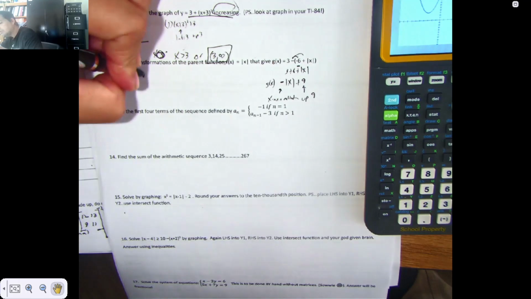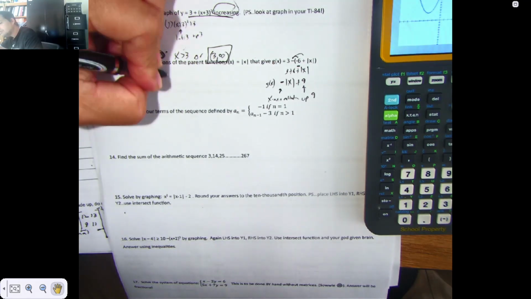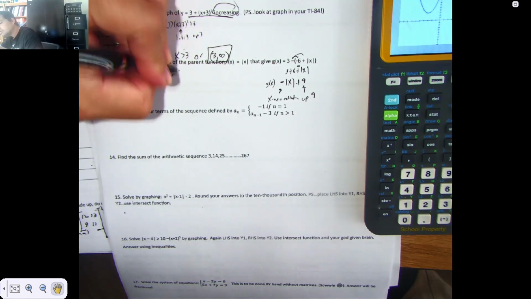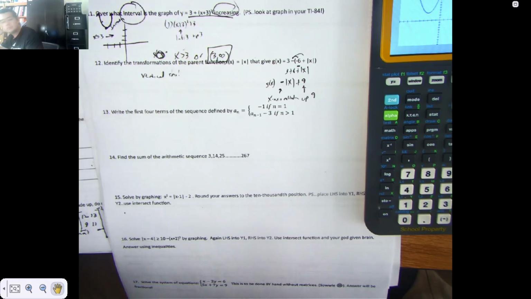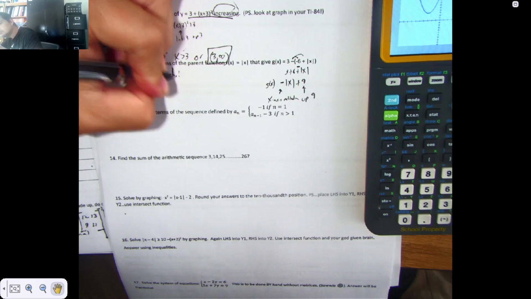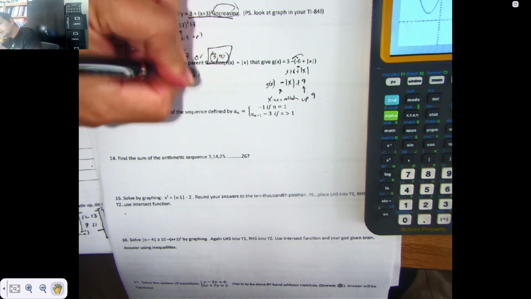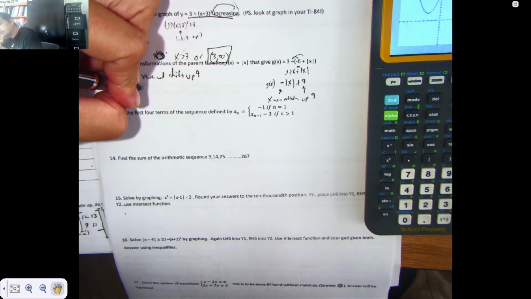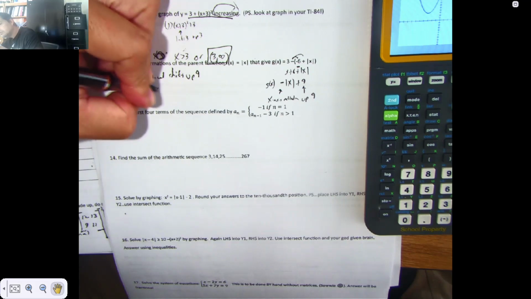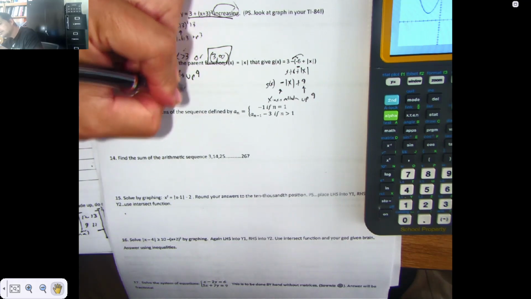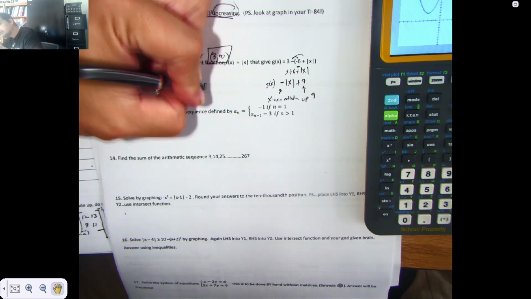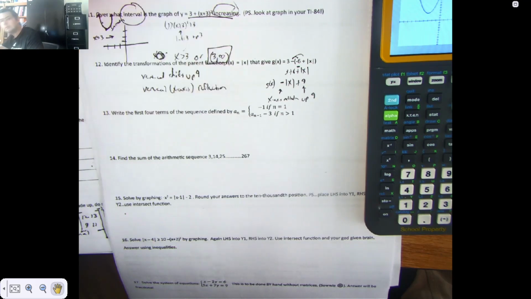So that's what I'm looking for. We have a vertical shift up 9, and we have a vertical or x-axis reflection, because the negative symbol out front does that.